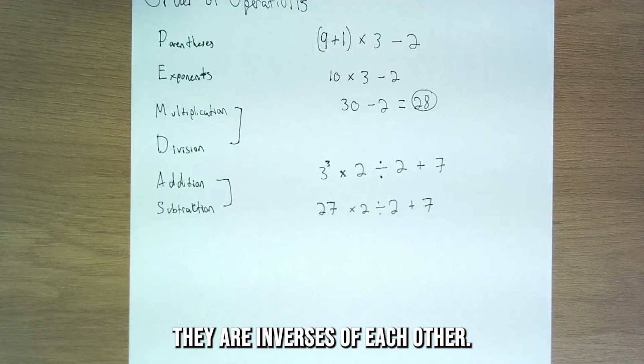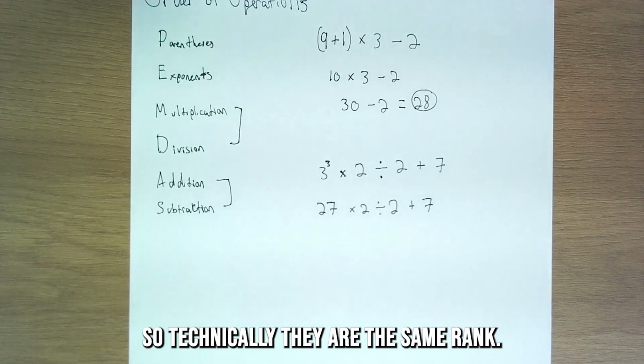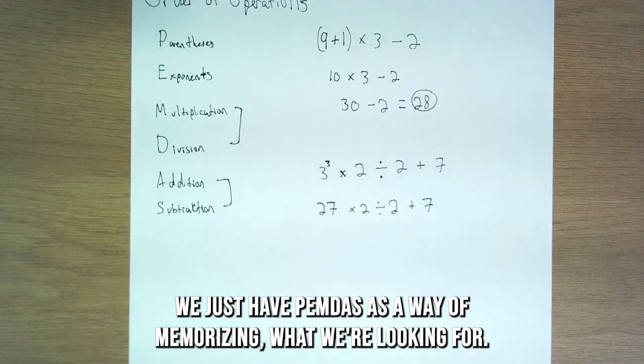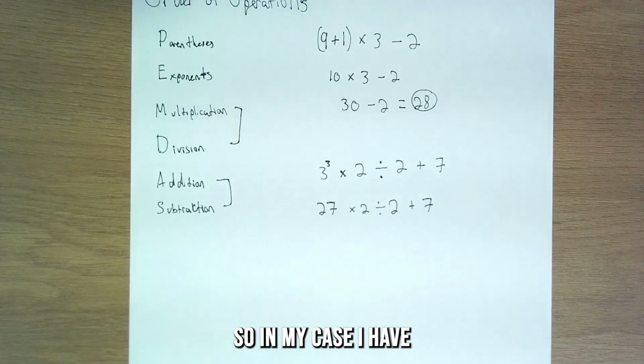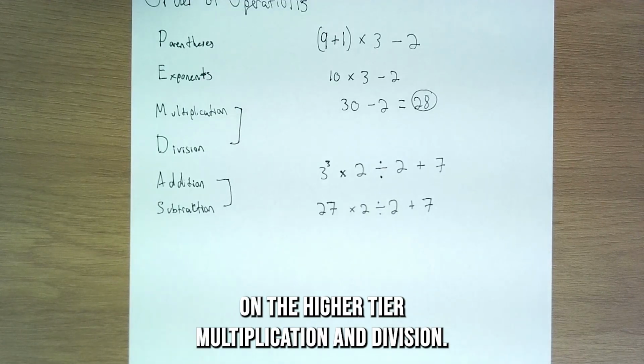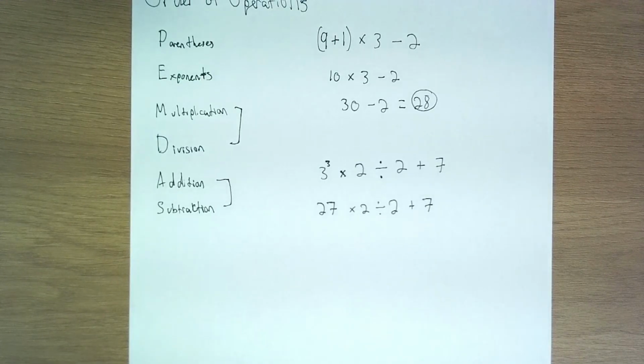They are inverses of each other, reverse operations of each other. So technically, they are the same rank. We just have PEMDAS as a way of memorizing what we're looking for, so it's not exact. In my case, I have on the higher tier multiplication and division, so I'm going to solve it from left to right.